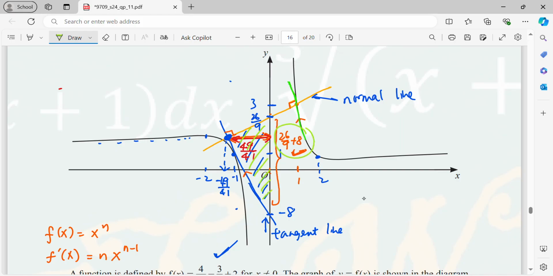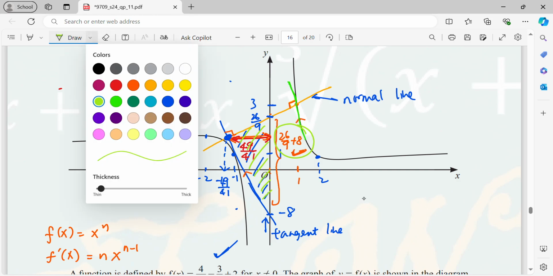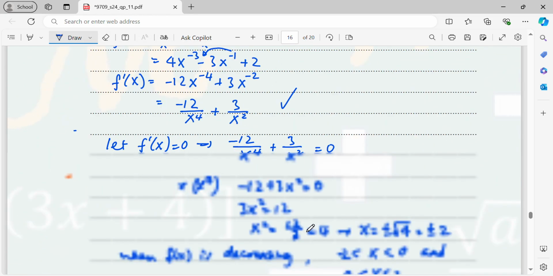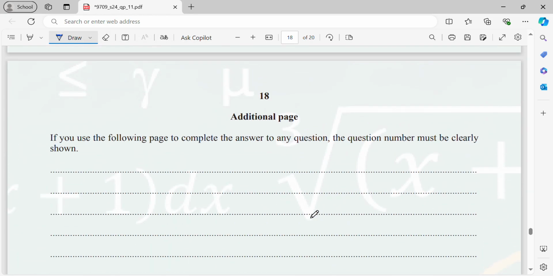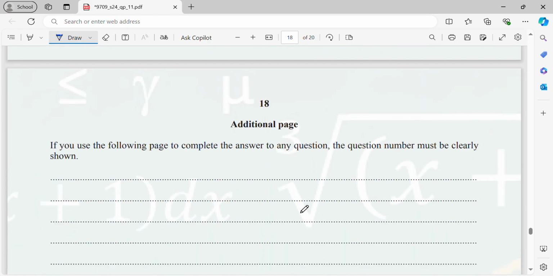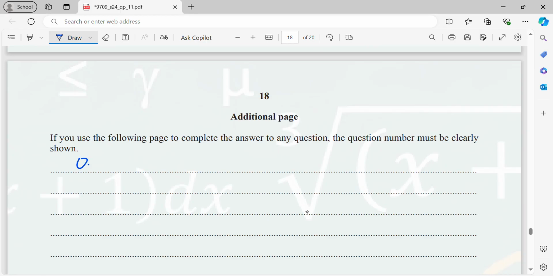This value will be my base. Now I will draw the triangle on my working. Here, this is question 11, part B. So I will draw the triangle. This is going to be 49 over 41, and here is 26 over 9 plus 8.